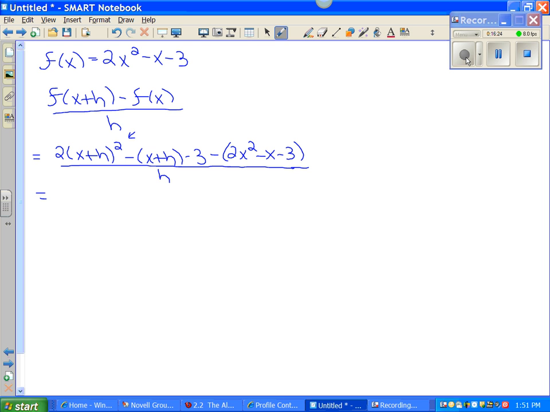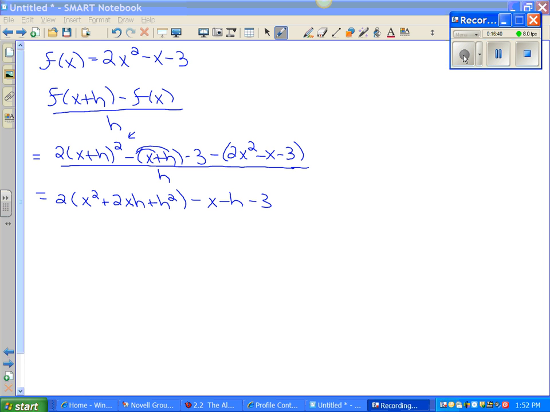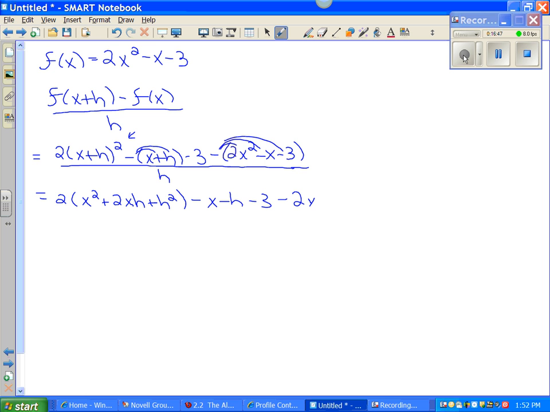This we are going to have to FOIL out. It becomes 2 times x squared plus 2xh plus h squared, minus x minus h, distribute that negative, minus 3. Now minus, you have to distribute here too: 2x squared plus x plus 3, all over h. We're going to distribute through our 2.